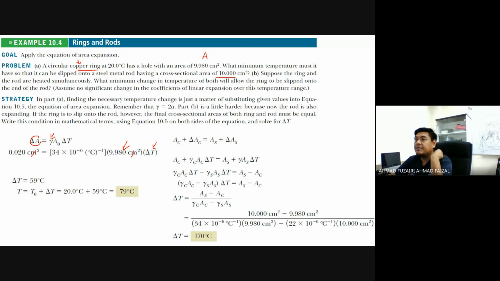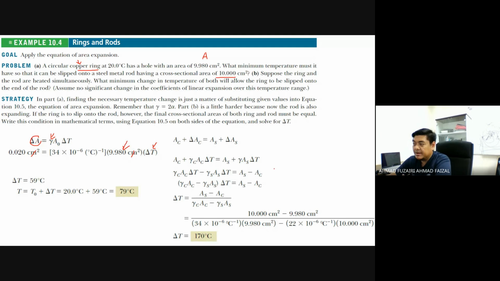Because now we want to calculate based on the value. So in the end, the last question will be: suppose the ring and the rod are heated simultaneously, what minimum change in temperature of both will allow the ring to be slid onto the end of the rod? So we might use this equation. Just use this equation, but you need to expand it.